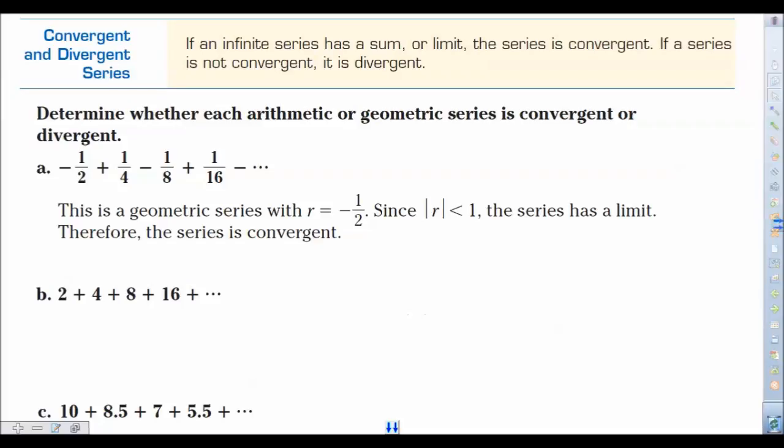It means that the absolute values of those terms are getting smaller and smaller each time. And if the absolute values of each successive fraction continue to get smaller, it's going to have a limit. So therefore that series of ours is going to be convergent.